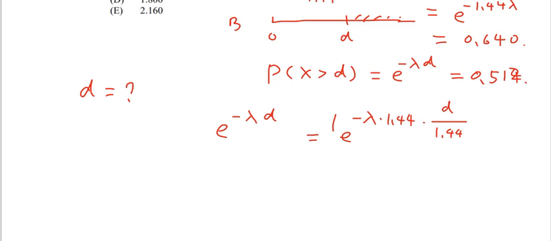So we get 0.64 to the power D over 1.44 equals 512. Right? So we just take a log.